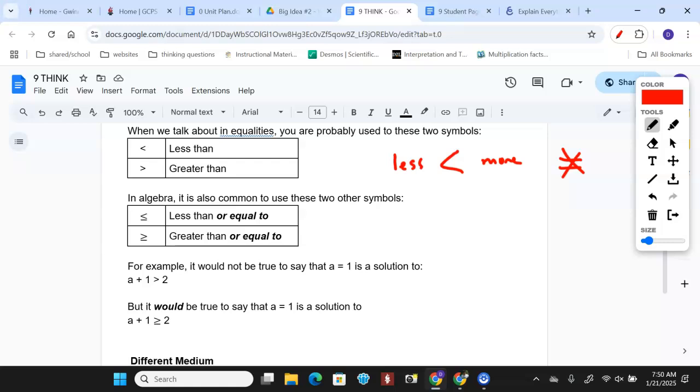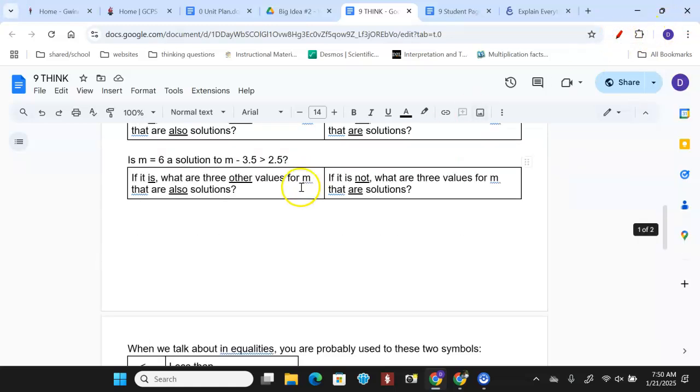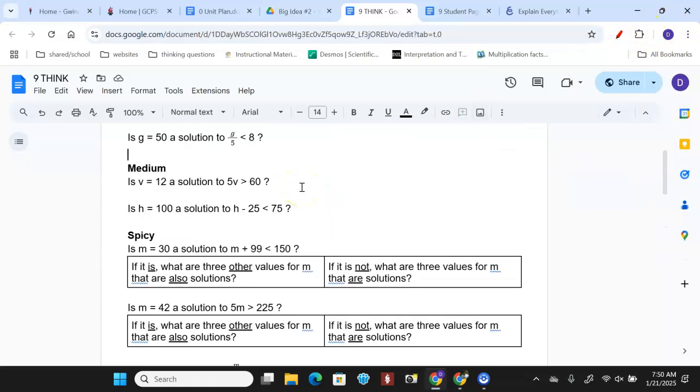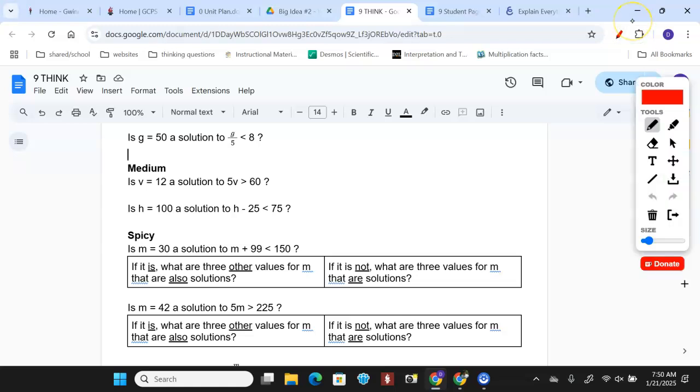So in those medium examples up above that you did on Friday, these two medium ones were kind of equal. Like this one, if you substitute in 12 here, you'd get 5 times 12 is 60, and there's 60 on this side. And we say, well, is 60 more than 60?